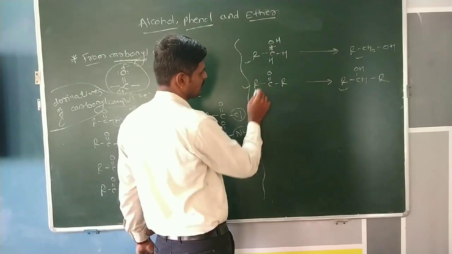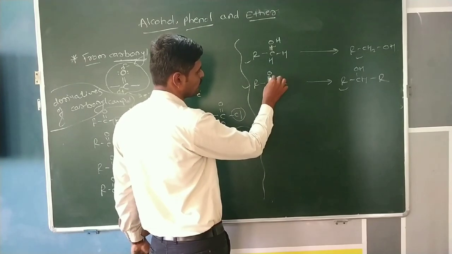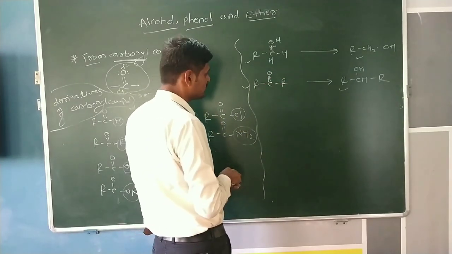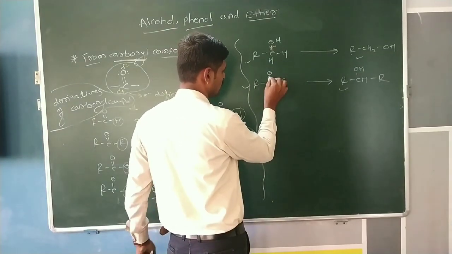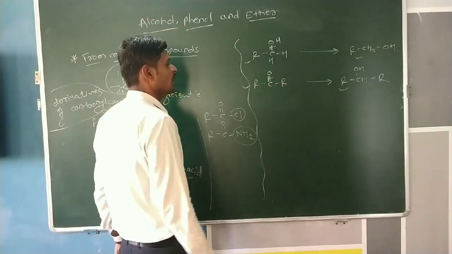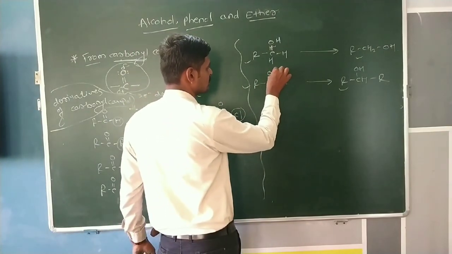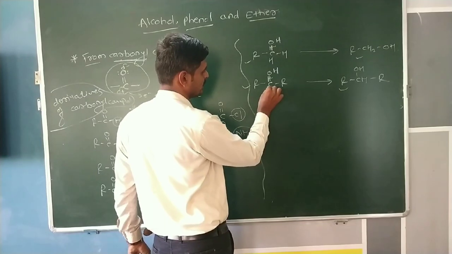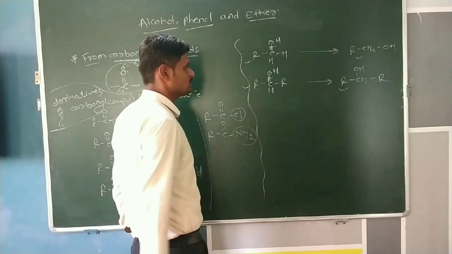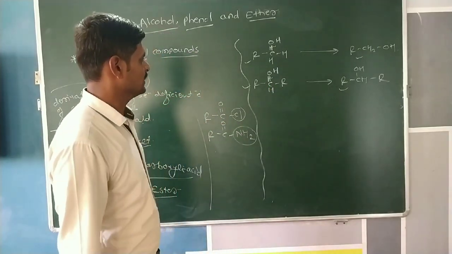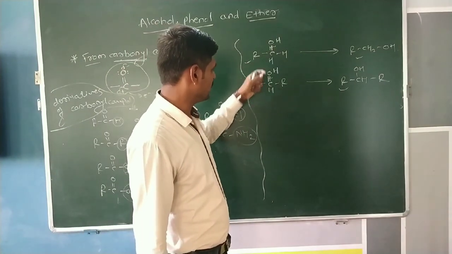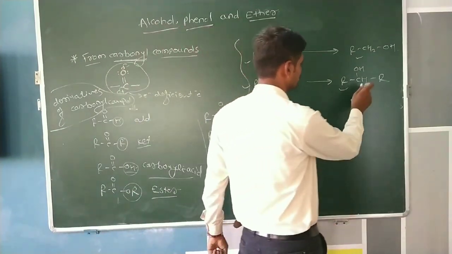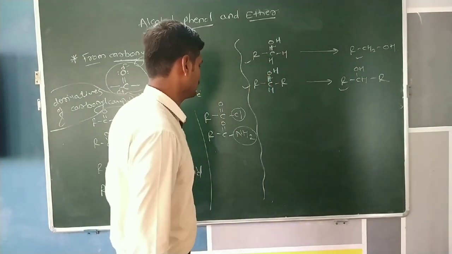Out of these double bonds, the pi bond is broken, and hydrogen is attached to this oxygen atom, and another hydrogen is attached to this carbon atom. Two hydrogen atoms are added in the molecule, and there is the formation of alcohol.